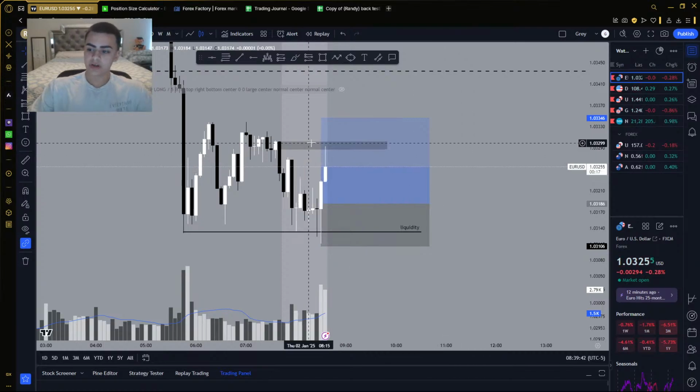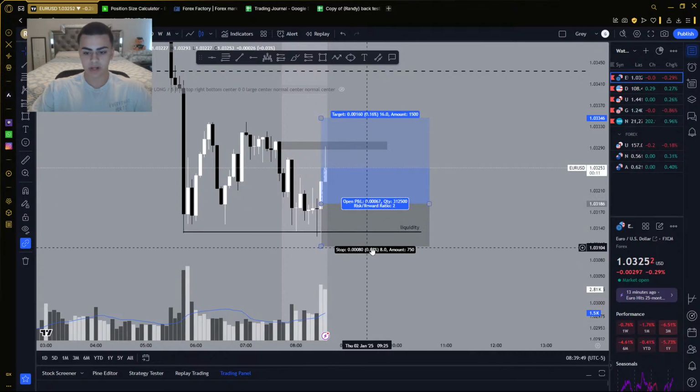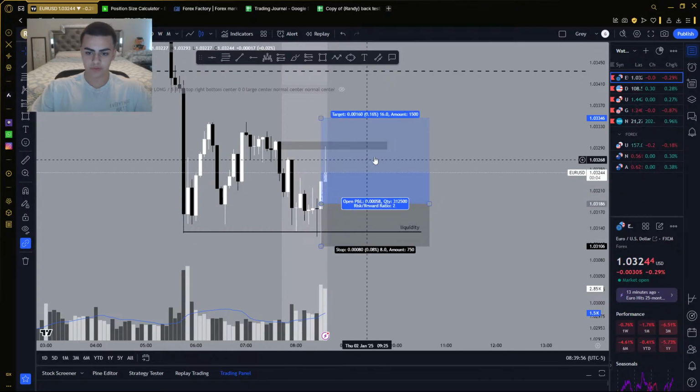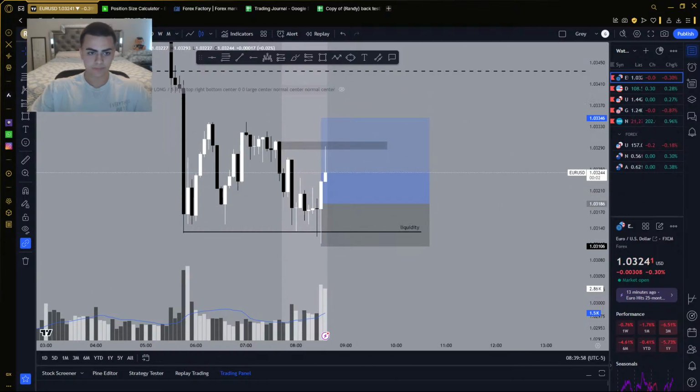And not only that, it's respecting a point of place right here, where if it goes down, I don't want it to hit my stop loss just in case. If it hits break even, I'm fine with that. I could just re-enter if it gives me another one.